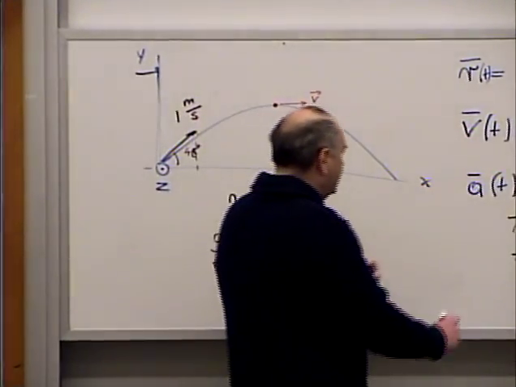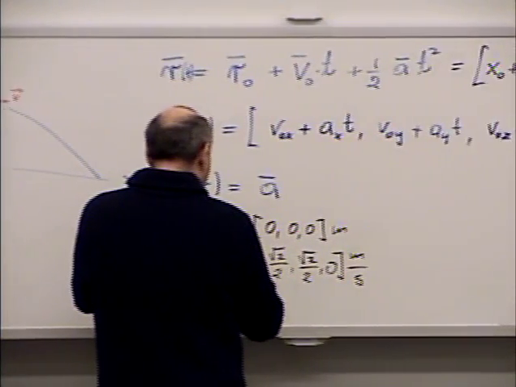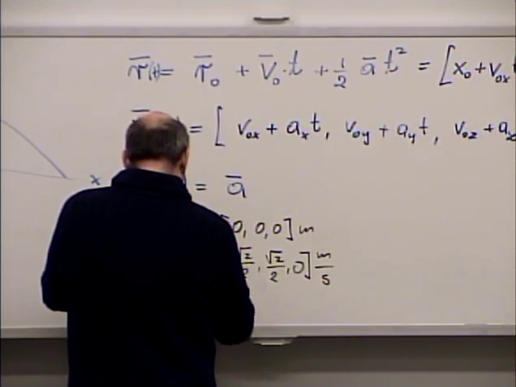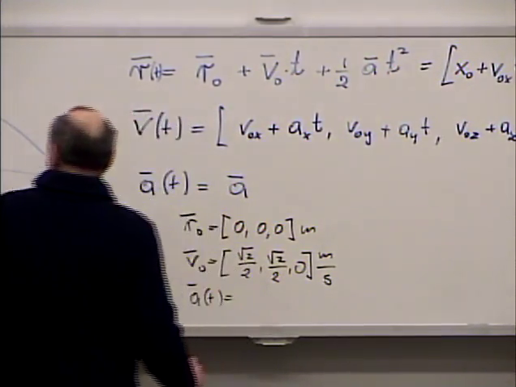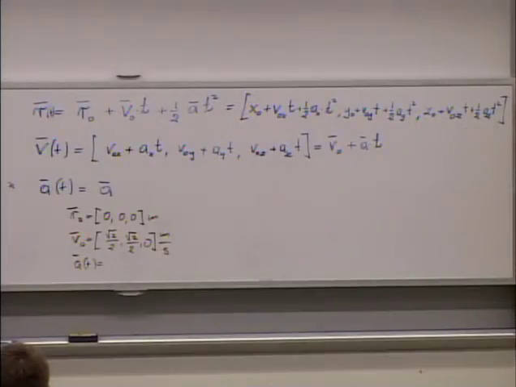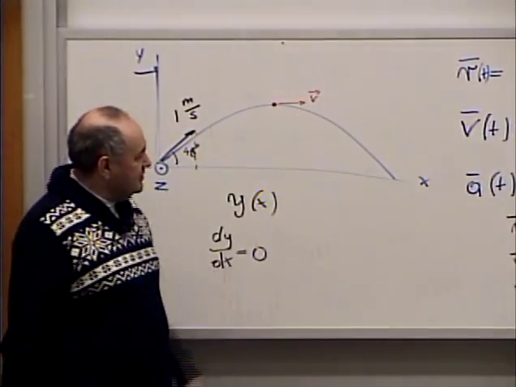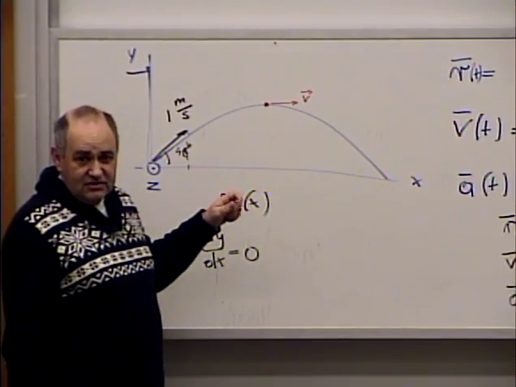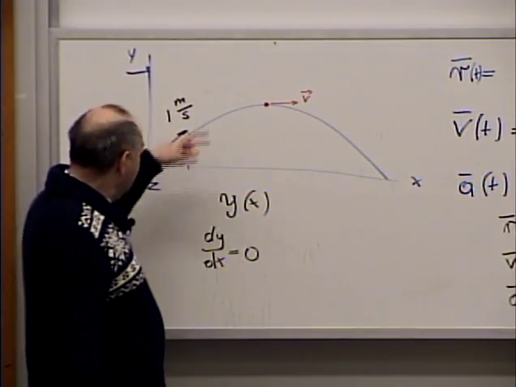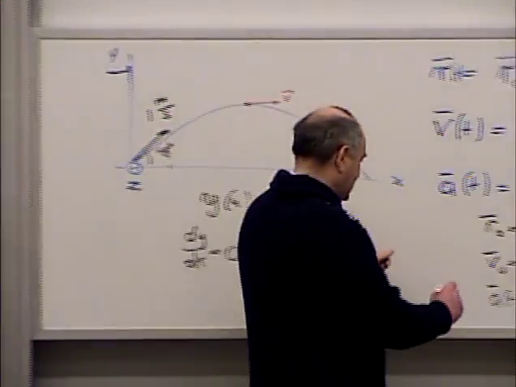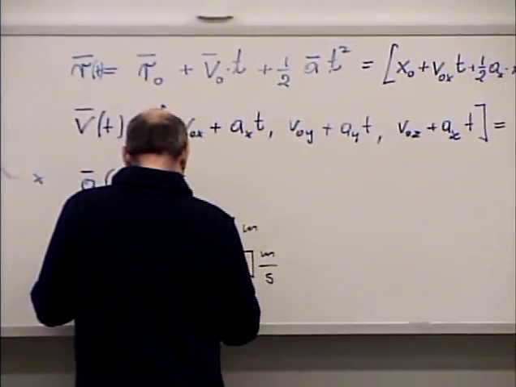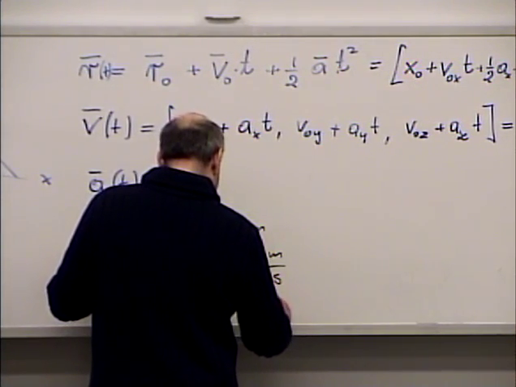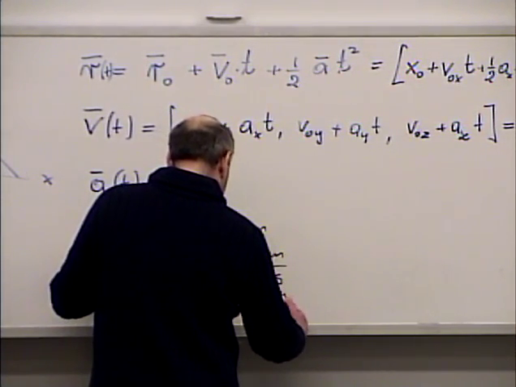Now, to find out that acceleration, in this coordinate system, scalar x component and z component of the acceleration are 0, and the vertical component is negative, it's 0, 0, minus 9.8 meters per second squared.